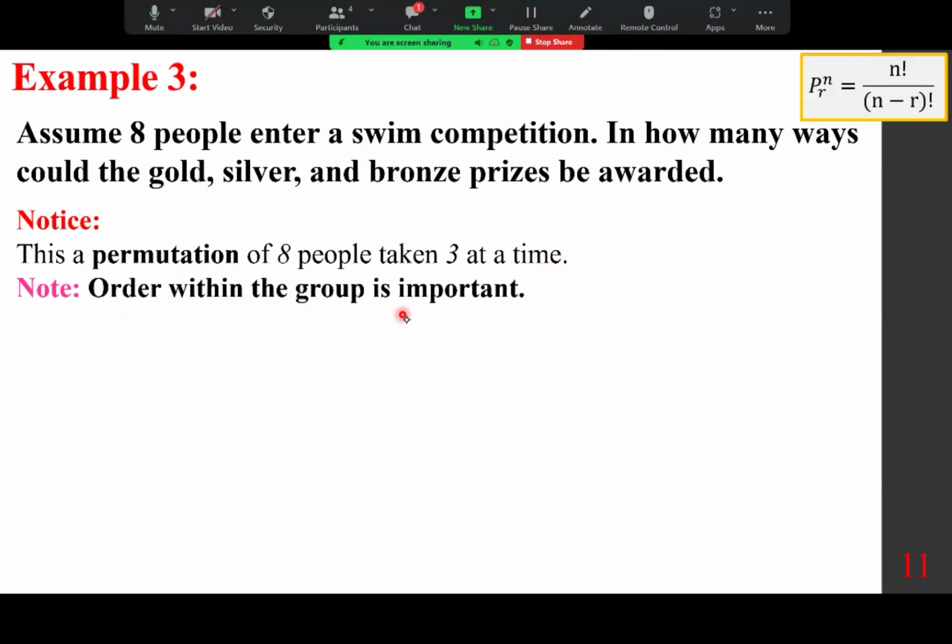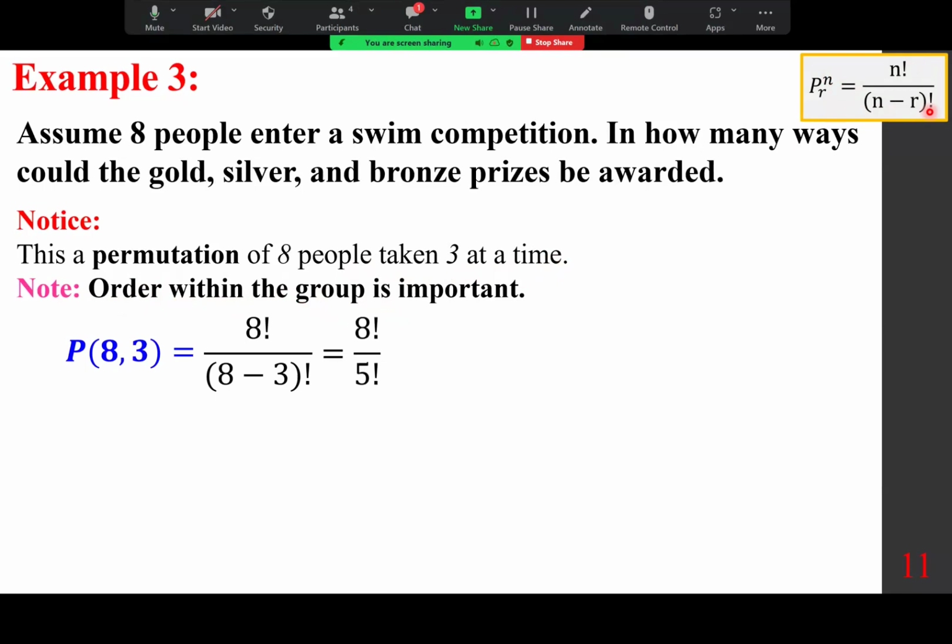And that's the key. Order is important. It makes it a permutation of 8 choose 3. n is 8, r is 3, which makes it 8 factorial over (8 minus 3) factorial. So the bottom is 5 factorial.